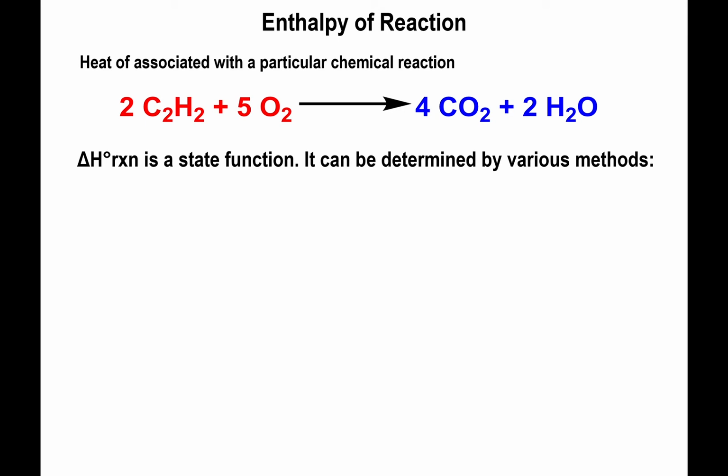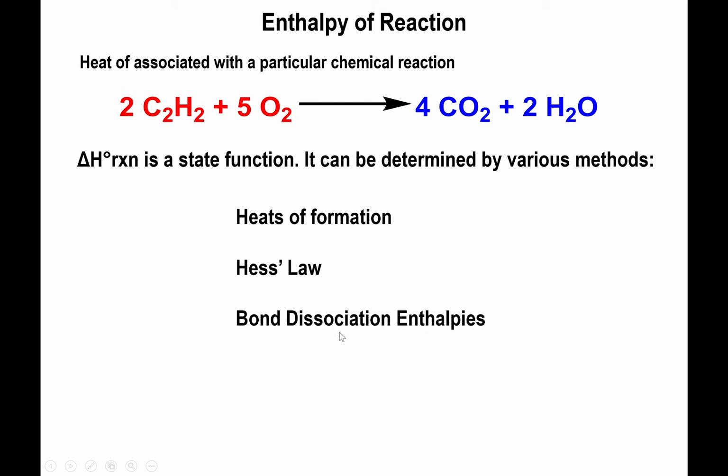And this can be determined by various methods because, as we already established, the enthalpy is a path-independent function. It's a state function. So we can use different methods of determining or calculating its value. One of them is by using heats of formation. The other one is by using something known as Hess's law.